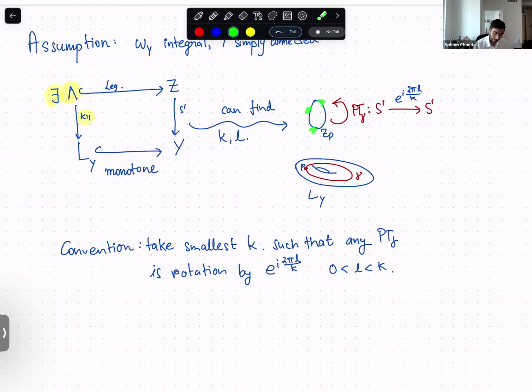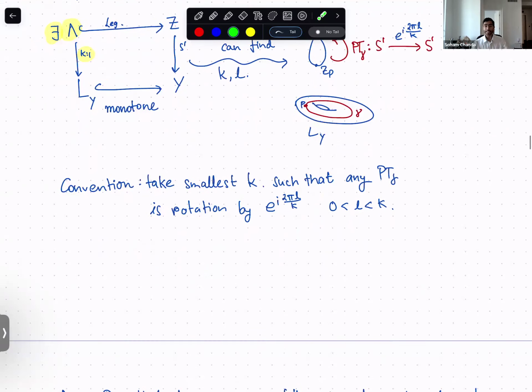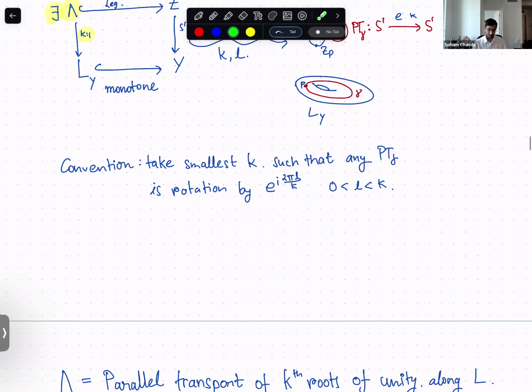If you take all the kth roots and go around, then this set of kth roots will rotate and touch itself. So the set of kth roots is closed under any parallel transport. And that is the idea of constructing this lift.